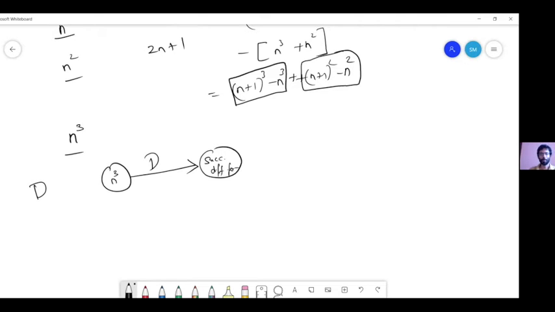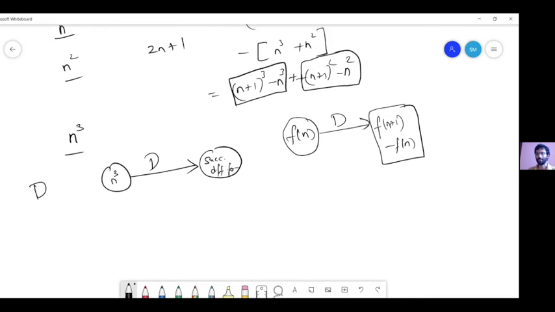To be more abstract, if I have any f of n, which could be n square plus n cube minus n, 2 power n, anything, this difference operator computes f of n plus 1 minus f of n. That's it, as simple as this.